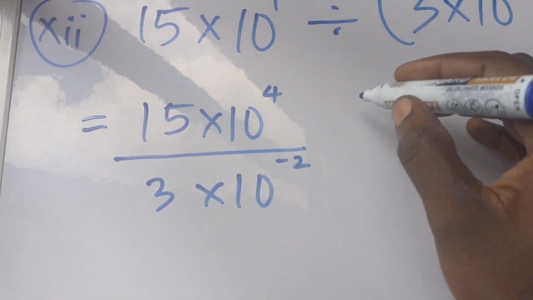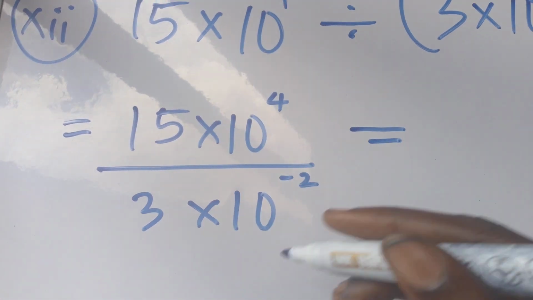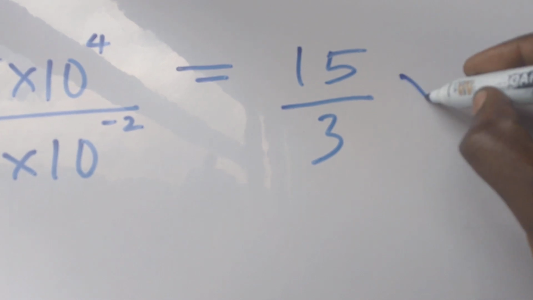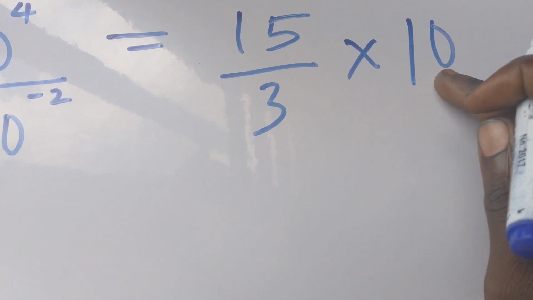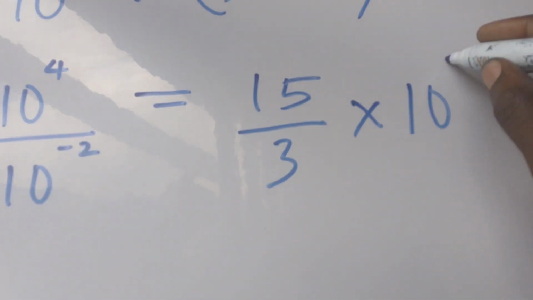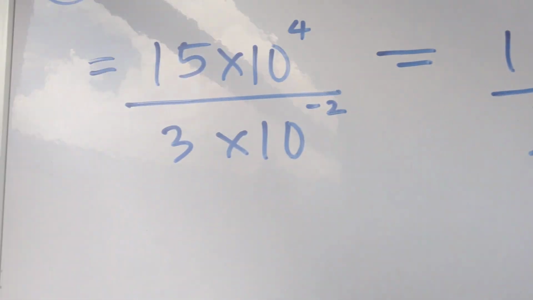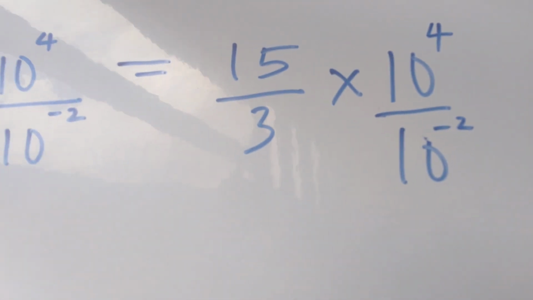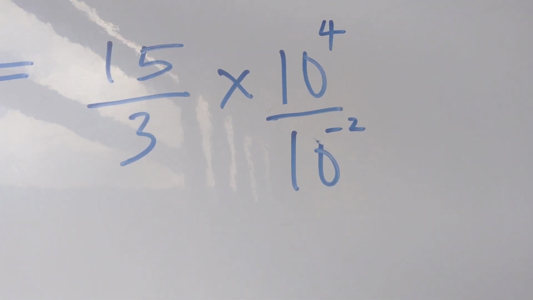Okay, so if I split this now, by separating them, I'm having 15 over 3 times 10 raised to the power 4 over 10 raised to the power minus 2.